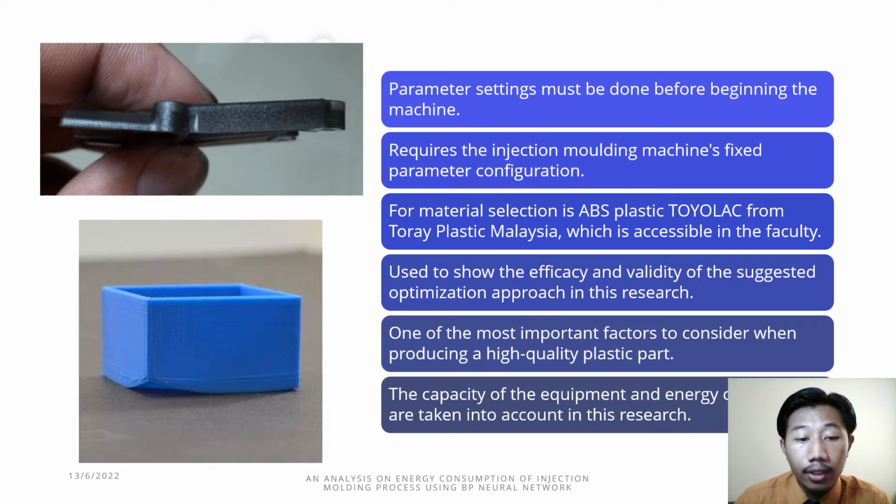So in this study, we will require the injection molding measures fixed parameter configuration. So the fixed parameter values are based on the injection molding equipment available at the Faculty of Manufacturing Engineering Technology at the University Technical Malaysia Melaka or UTeM. The material selected is ABS plastic Toyolac from Toray Plastic Malaysia, which is accessible in the faculty.